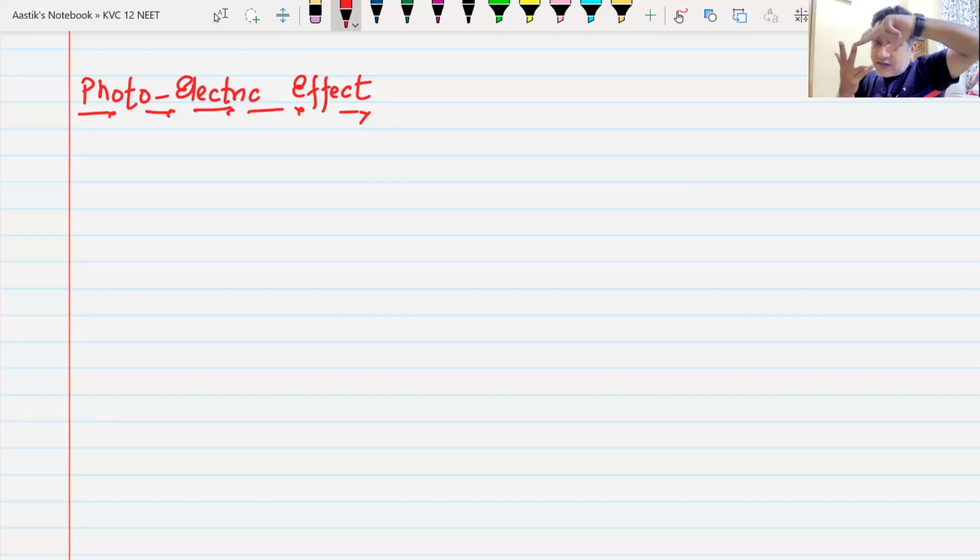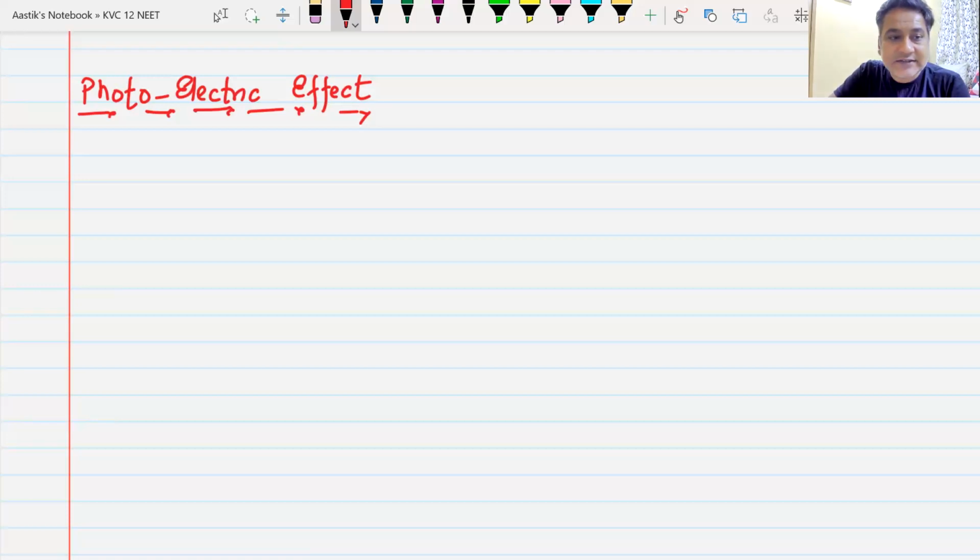If these particles collide with these electrons, they can just go away from that metal surface. In all these cases, you will have electrons emitted from that surface. These are different types of processes. What we are going to do here is emit these electrons by making light fall onto the metal, and that phenomenon is known as the photoelectric effect.